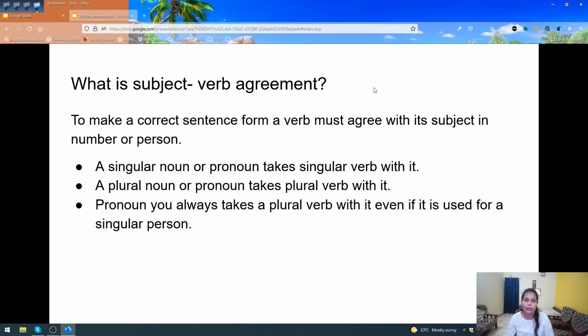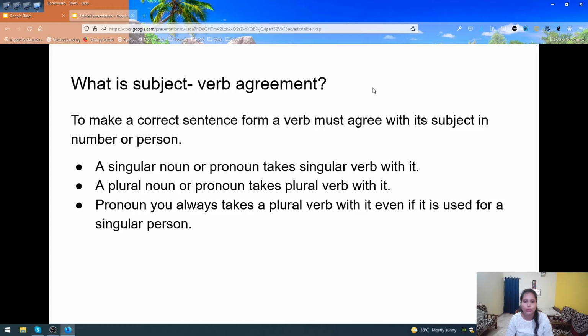So how can we make our verbs agree with the subject is what we are going to learn today. To make a correct sentence, a verb must agree with its subject in number or person. So we should always keep in mind whether the subject is singular or plural, and according to that decide our verb.